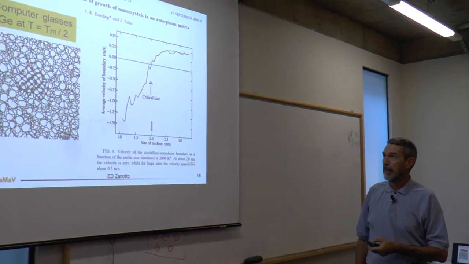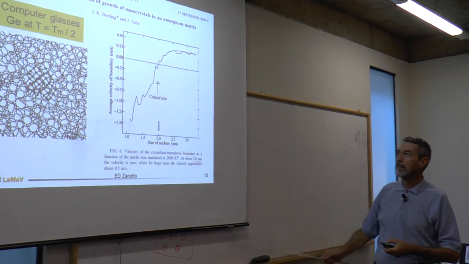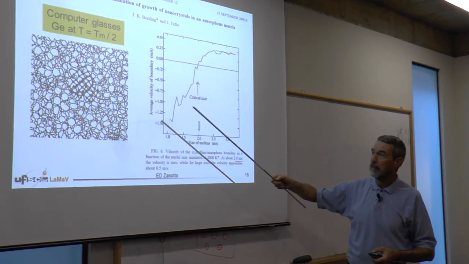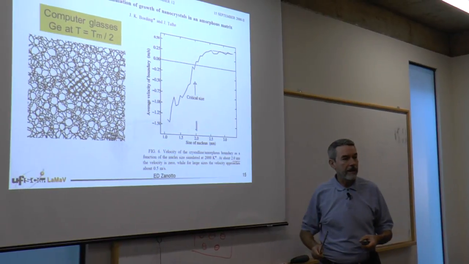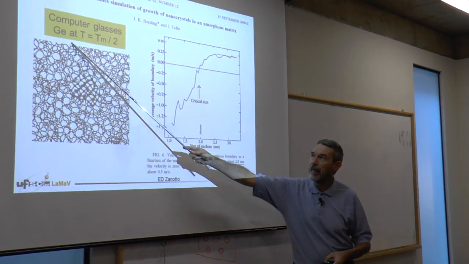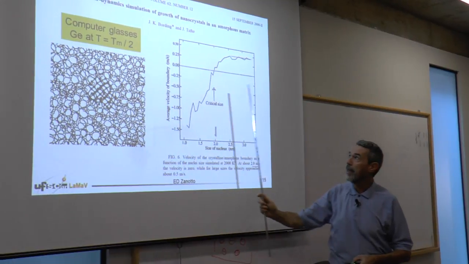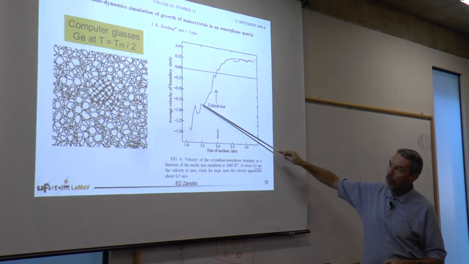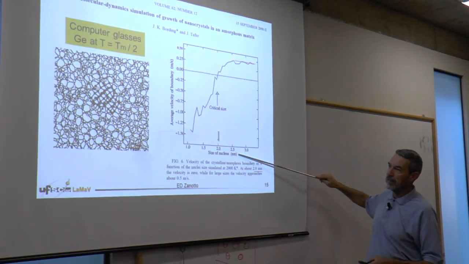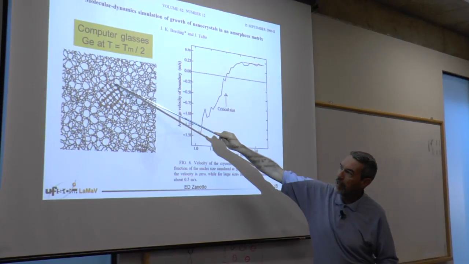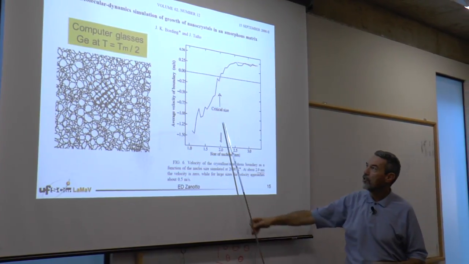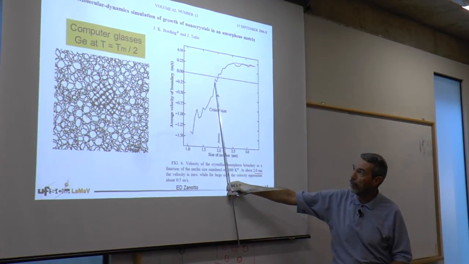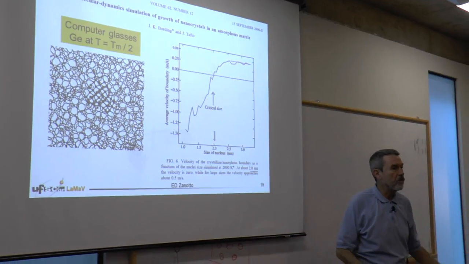Now, a particularly good example of this was given by this paper, which dealt with molecular dynamic simulations of undercooled germanium. They measured the growth rates as a function of size of the crystalline nucleus. For sizes, for this particular condition, smaller than 2 nanometers, the growth rates are negative, so they're dissolving back.